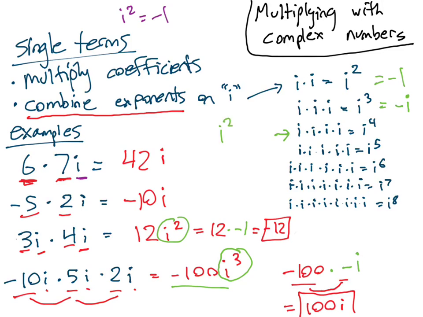Well, i to the power of 4 can be thought of as a product of i squared times i squared. And each i squared is defined to equal -1. So this is the same as -1 times -1, which is equal to +1. So i to the power of 4 is actually the same as the real number 1.